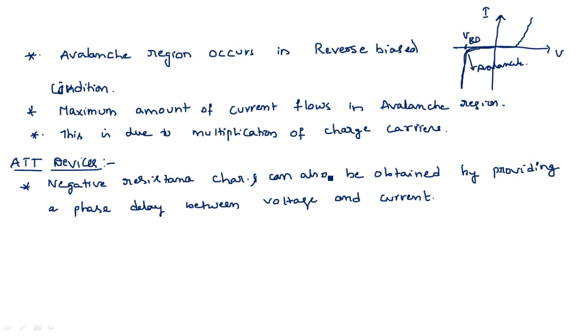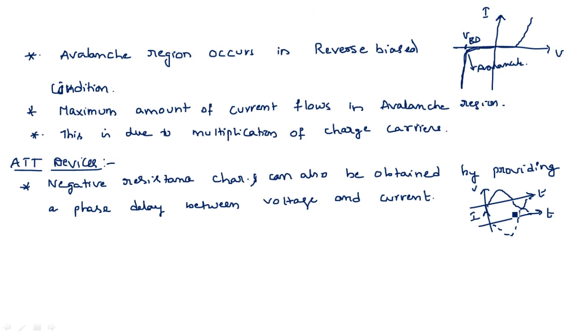Negative resistance characteristics can be obtained by providing a phase difference between voltage and current. That means for positive voltage there should be a negative current. If you take a graph with time and voltage, and time and current, for the positive voltage there will be a negative current, or for the negative voltage there will be a positive current.